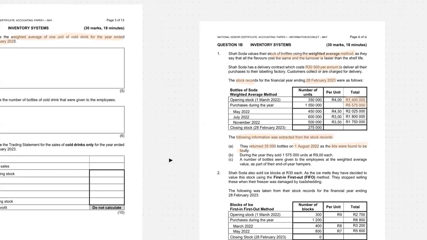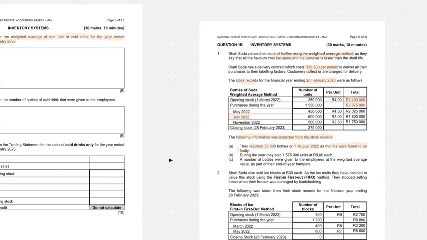As you can see here, before the return on the 1st of August, we made a purchase in July. So that's where our goods will be coming from. Does that make sense? So the returns will be from our July goods, so we'll be using July's unit price.